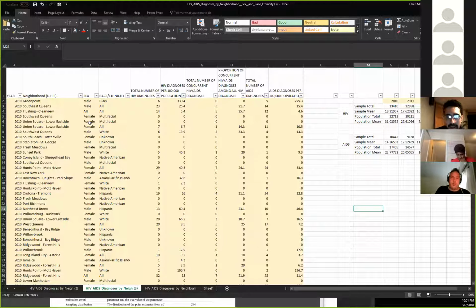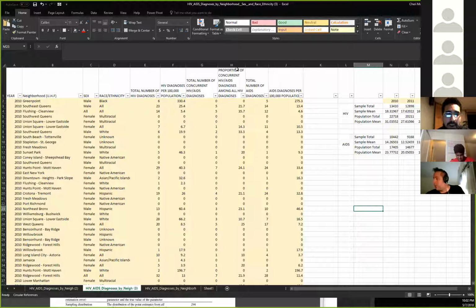Now, one of the things you could do is a correlation between the HIV diagnoses and the number of AIDS diagnoses. I'm trying that now. And then you can also do a regression that says, can you predict the number of AIDS diagnoses based on the HIV diagnoses? And since you have gender and race ethnicity, you could theoretically add those as dummy variables in the mix.